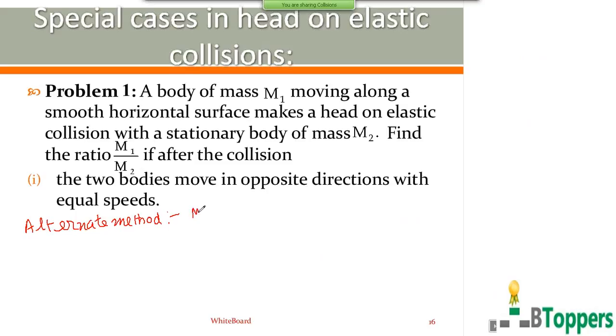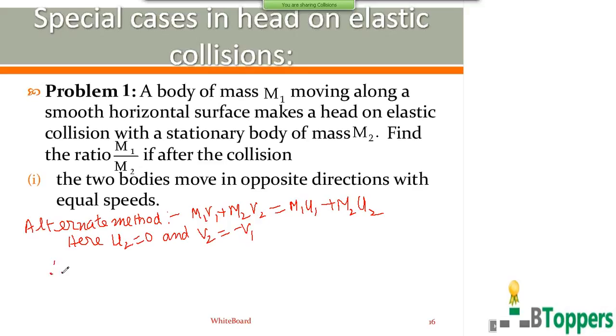In a one-dimensional collision, you can write m1 v1 plus m2 v2 equal to m1 u1 plus m2 u2. Here the two bodies move in opposite directions with equal speeds after collision, and the second body is initially at rest, so u2 is 0. You can write v2 equal to minus v1.